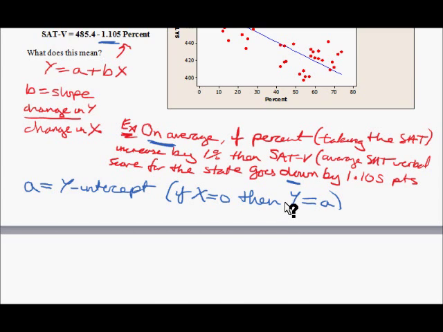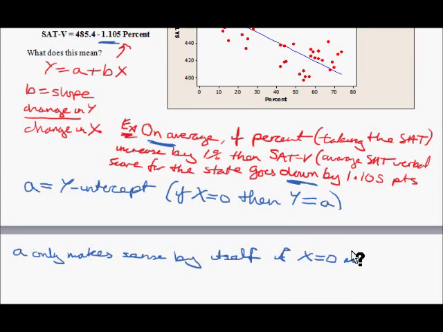That's what the y-intercept means. So a really only makes sense by itself as a value if x equals 0 makes sense.